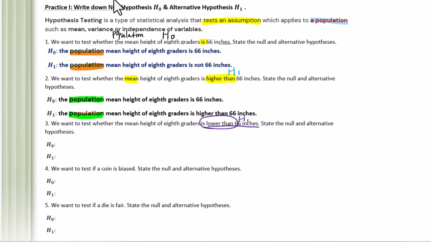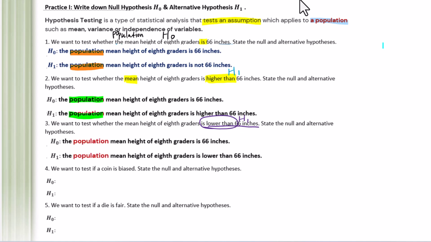H0, still the population mean height of 8th graders is 66 inches. H1, the population mean height of 8th graders is lower than 66 inches.